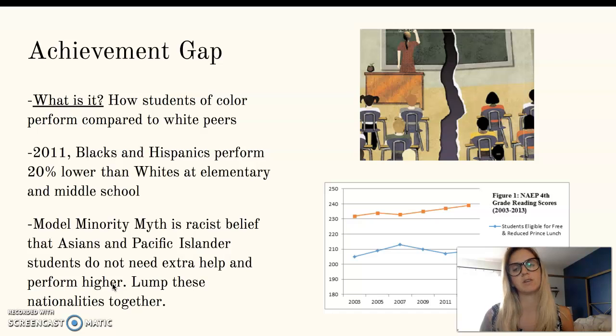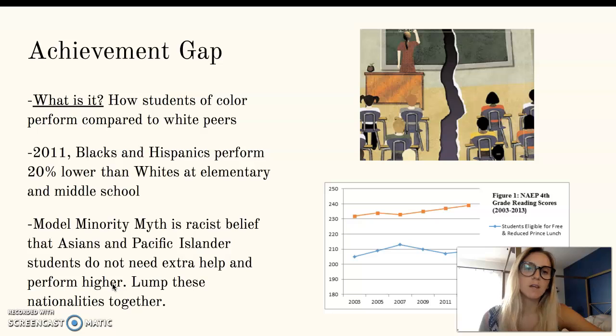The book shared a really interesting study that if you don't lump them all together, and you break down by nationality, different Asian countries and different places that those students or their parents are coming from, it is very clear the pattern that there are specific groups within that larger Asian population that do need help with reading. That was a really interesting statistic in there.